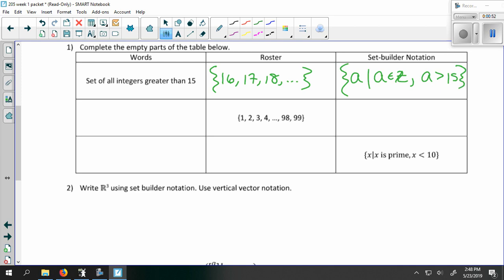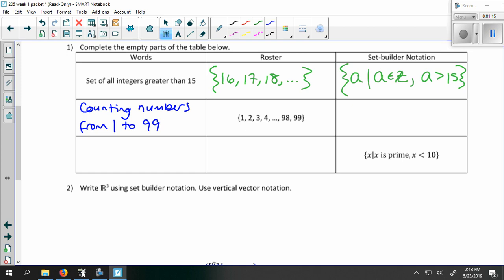Okay, my next set, 1, 2, 3, 4, keep all the counting numbers up until 99. So in words, I would say counting numbers from 1 to 99.